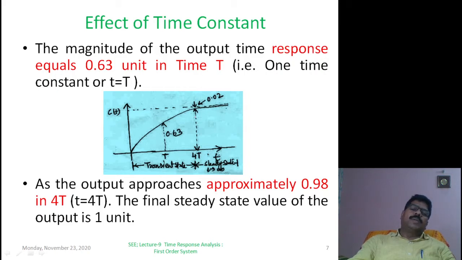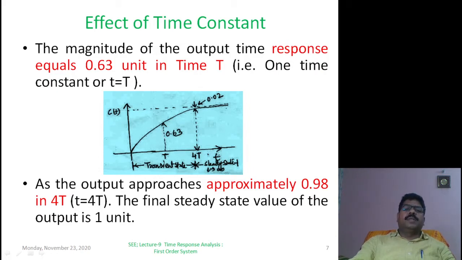So that time is equal to 4T, while at one time constant, it reaches 0.63 or 63% of the desired output.